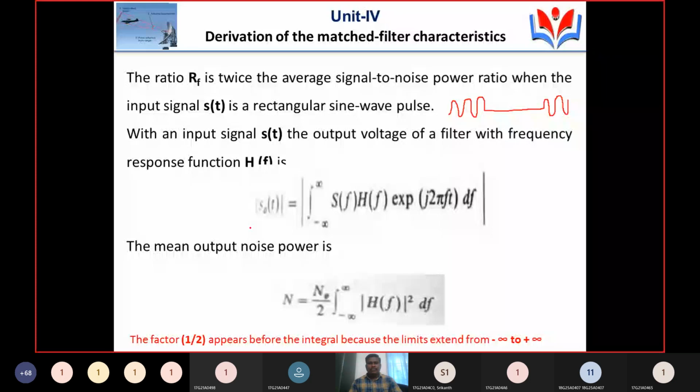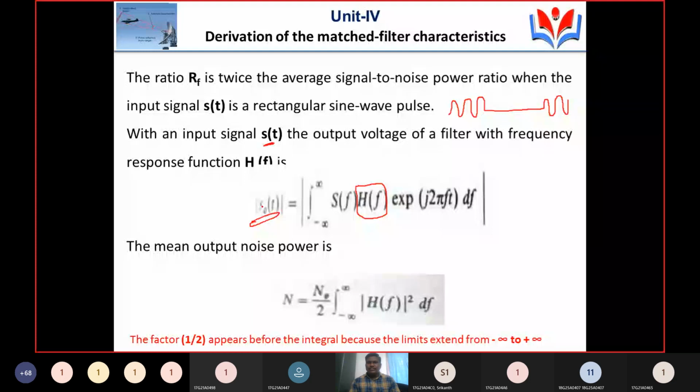S of f is nothing but the Fourier transform of the received signal S of t. So we get the integral over minus infinity to infinity of S of f into h of f e power j 2 pi ft df. This is the magnitude of the output signal of the matched filter.